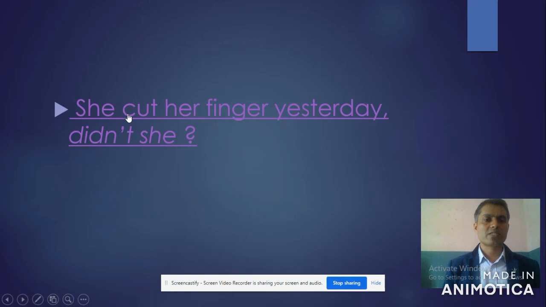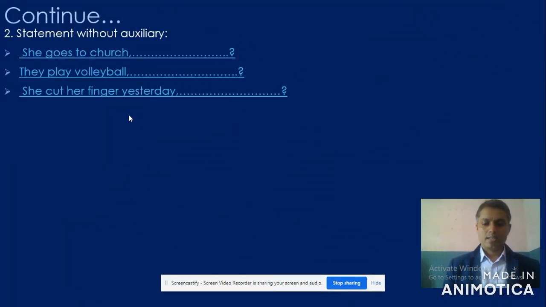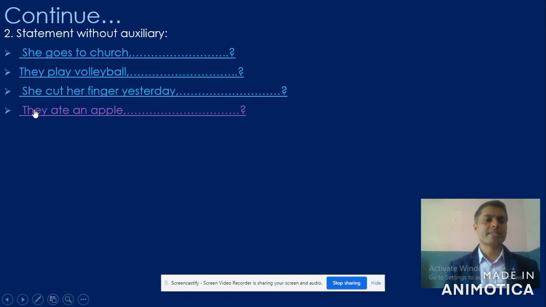Now we have to go to the next example sentence here. They ate an apple. This is the subject, the pronoun, ate is verb 2, and an apple. We already did this: if there is verb 2, we should use did.